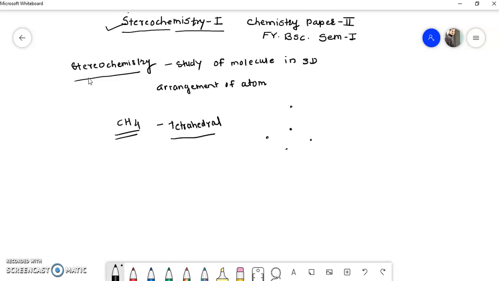Now, two of the hydrogens will be in the same plane which we are observing. I will write like this. These two hydrogens and the carbon are in the same plane. But suppose this hydrogen is represented by this, which is called a wedge line, remember. And this hydrogen is represented in this way.